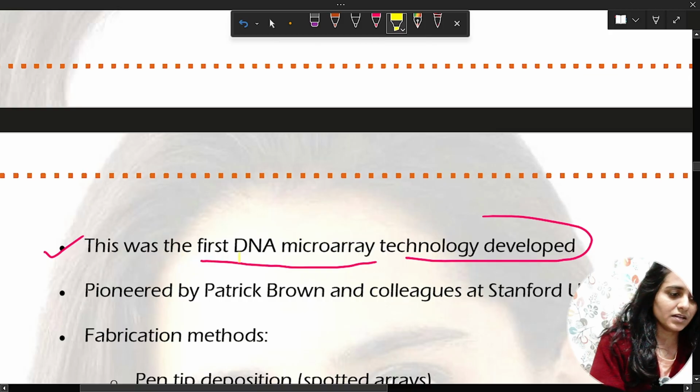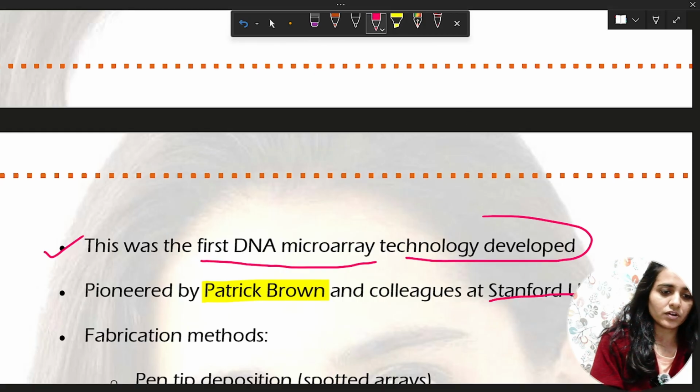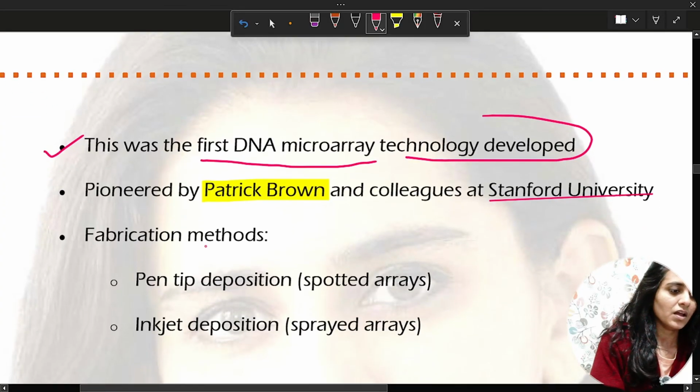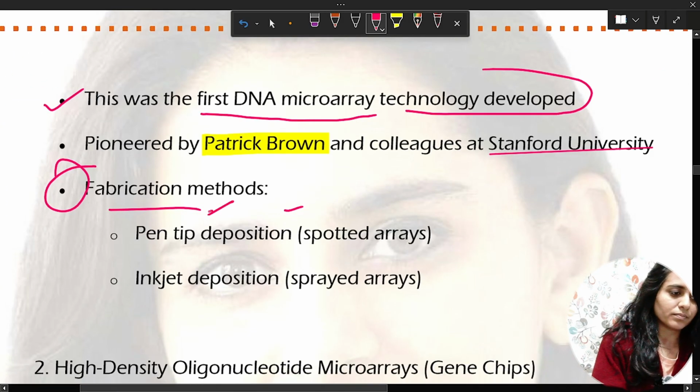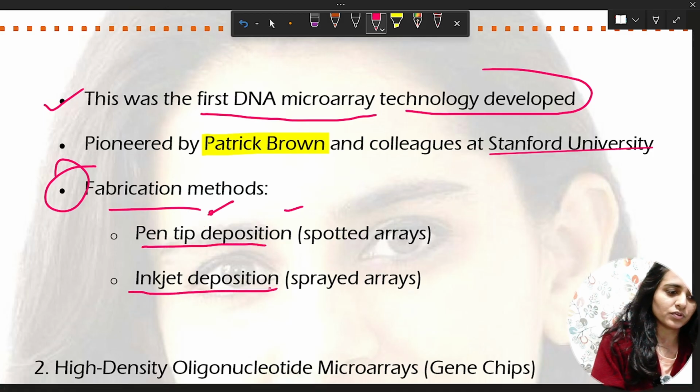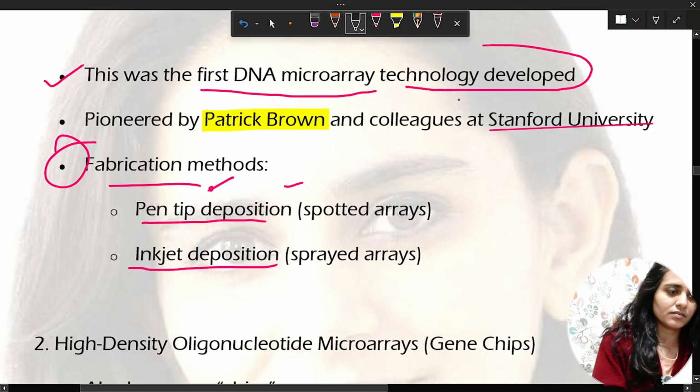The pioneer of this technique is Patrick Brown from Stanford University. What is the fabrication method? There are two types of method: pen tip deposition and inkjet deposition.